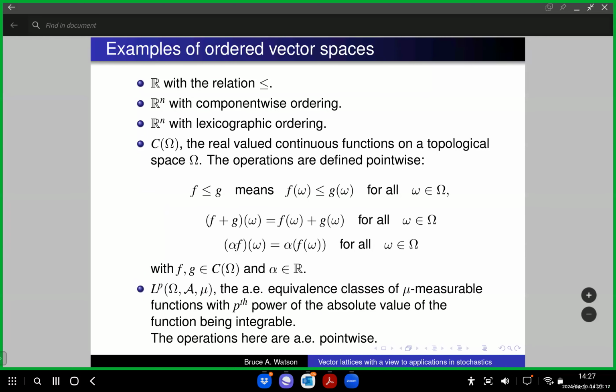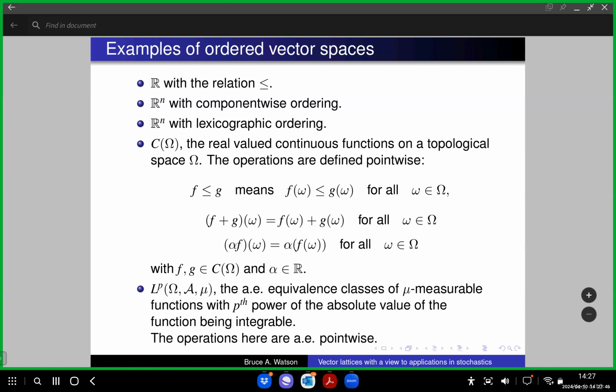The stock of examples of partially ordered vector spaces is enormous. I'm just going to do a couple of well-known, useful and interesting ones for where we are going. One of the first examples, obviously, is the reals. The reals has everything we could want. It's actually linearly ordered.